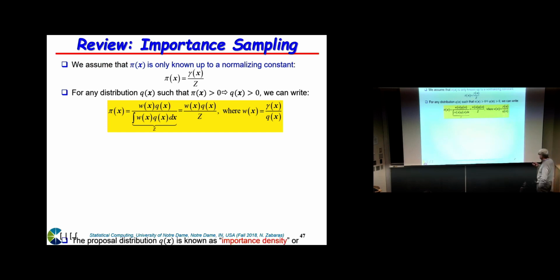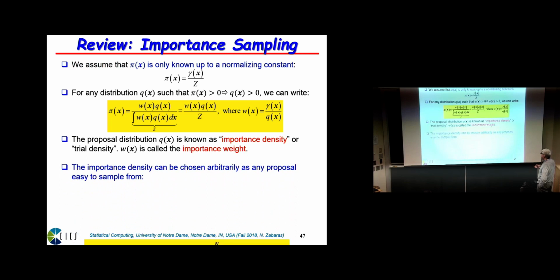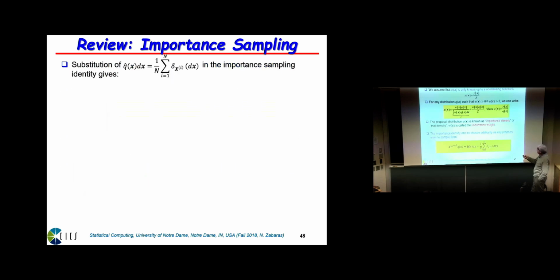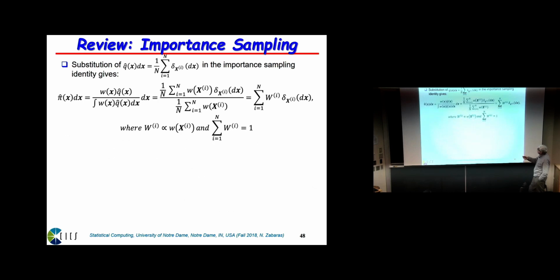All right. So this is the importance weight. If we sample from Q, then a Monte Carlo approximation of Q, this Q hat, is the standard thing that we saw before. I am using a little bit more rigorous notation here with probability measures, but I will not bother you, so this dx, don't pay attention. Okay, so you have this Monte Carlo approximation for Q, and if you plug that Q inside pi, you're going to get some interesting calculation.